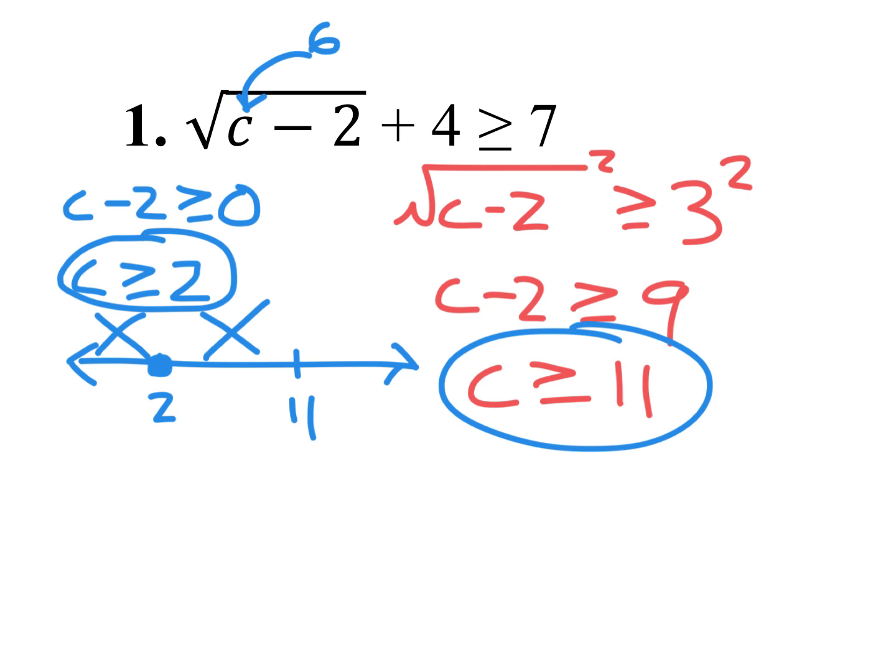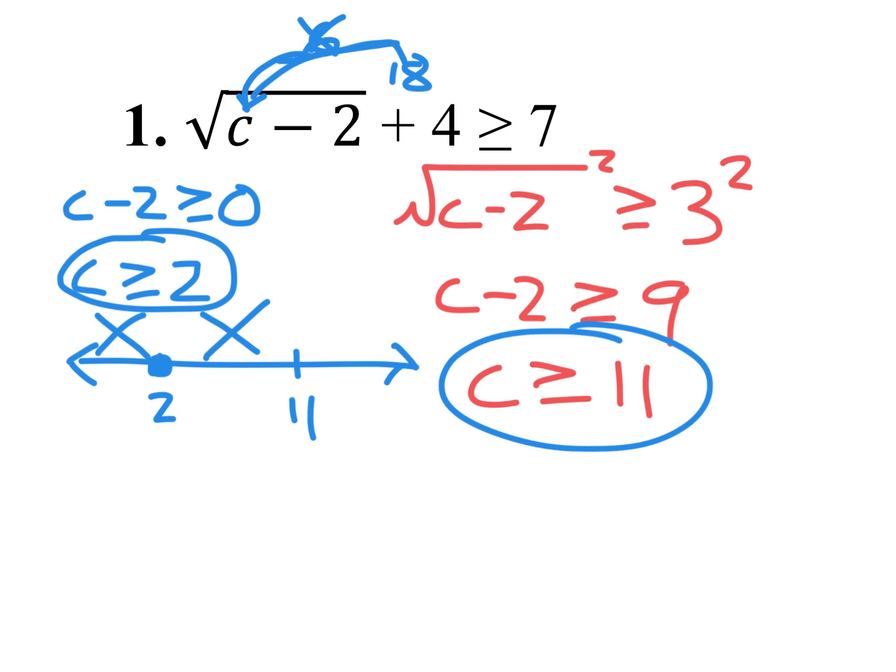All right, let's plug in something bigger than 11. Again, try to choose a number where if we subtract 2, we still have a perfect square underneath. So I'm going to cross out this 6. Now let's try plugging in 18. So I'm putting in 18 right there. 18 minus 2 is 16.